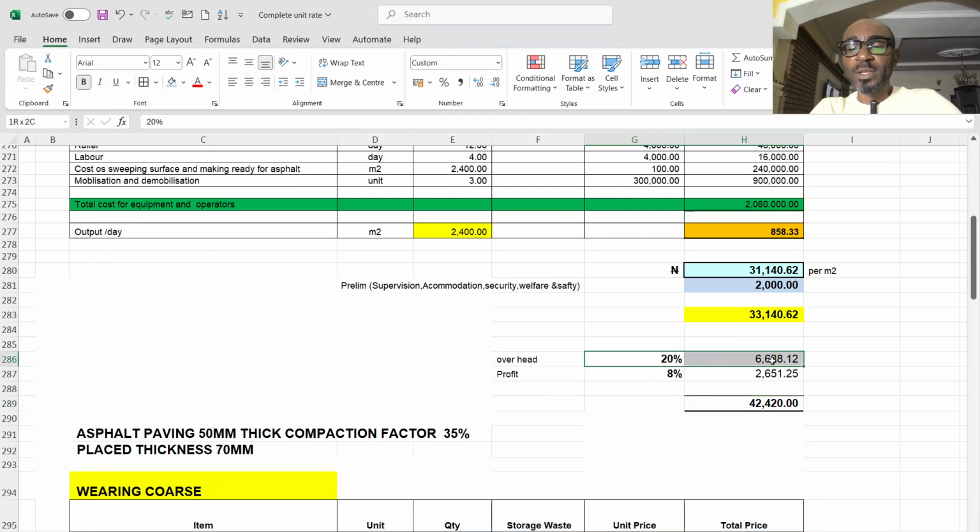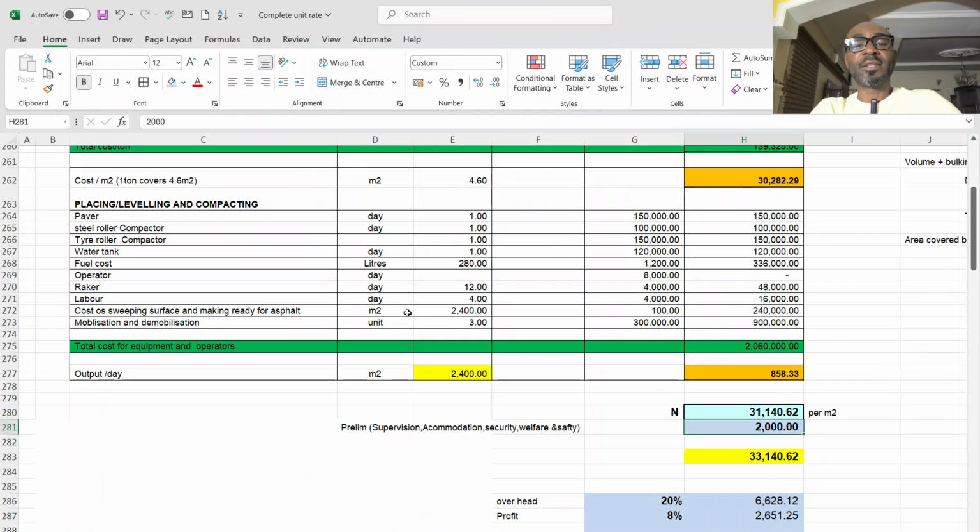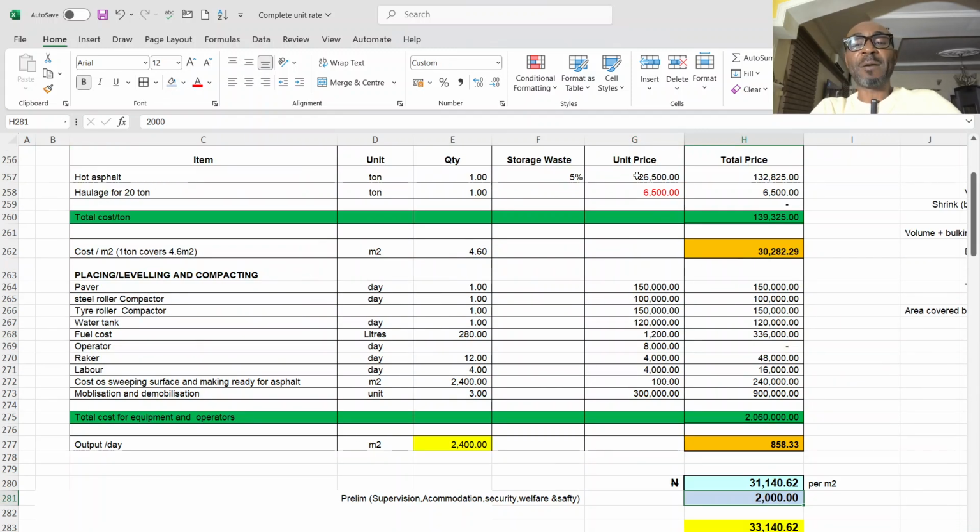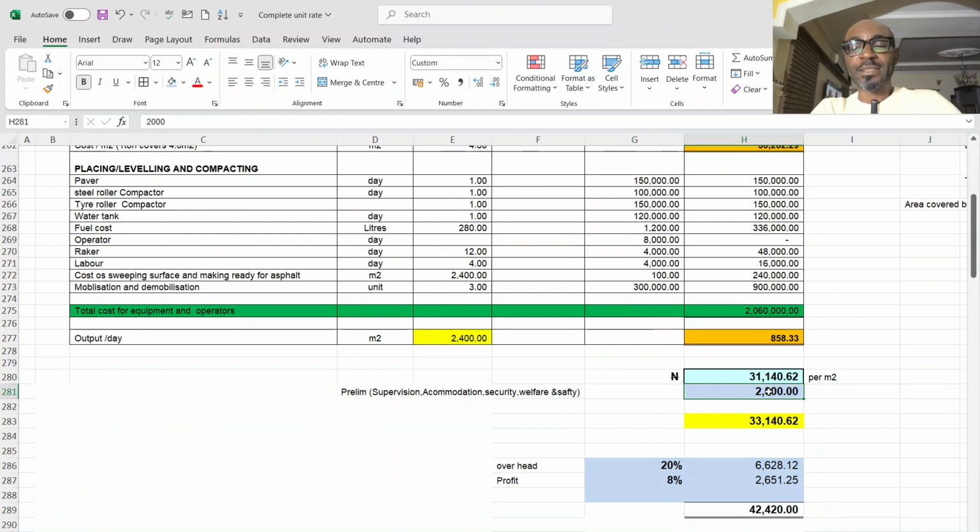So the cost per square meter for a binder course of 70 mm is 42,420, assuming this is right and this is right. All other things are based on the current price as at today. But this one is determined by the size of your company.